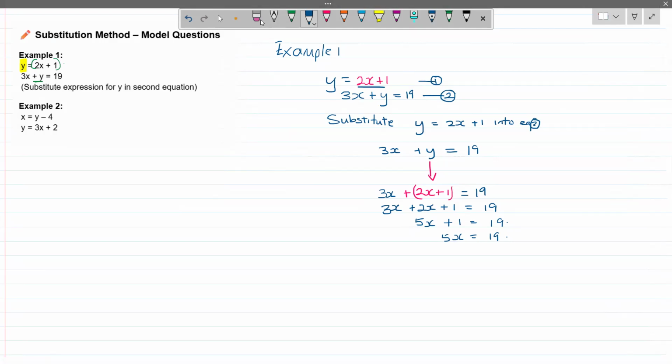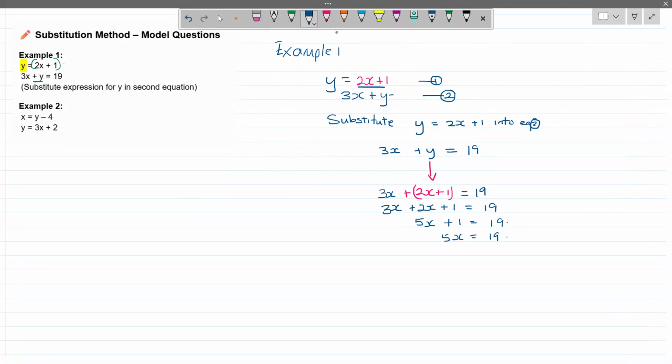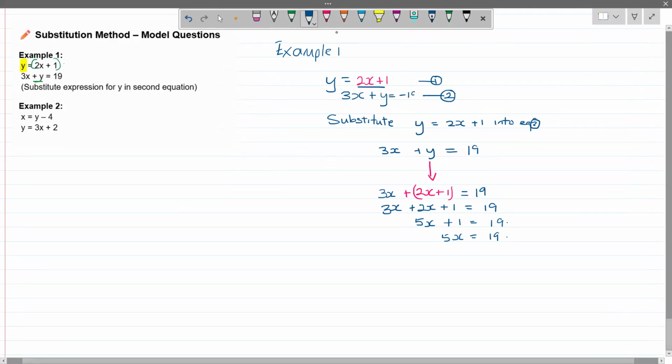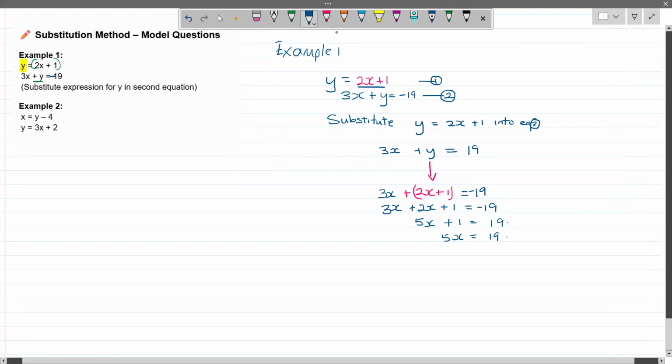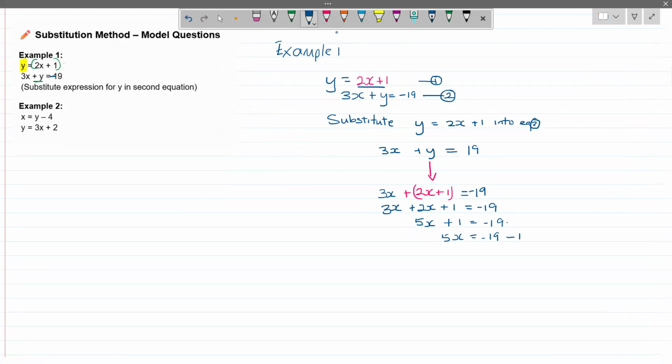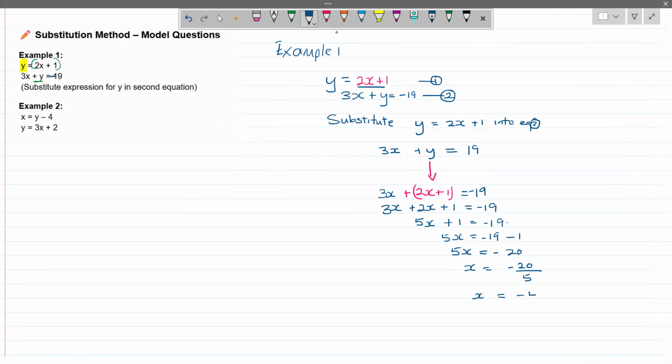Let's just change this to minus 19 for simplicity's sake. So I'll carry this one across, you get a whole number value. 5x is equal to 18 minus 1, so minus 20, x is equal to minus 20 over 5. X will be equal to negative 4.